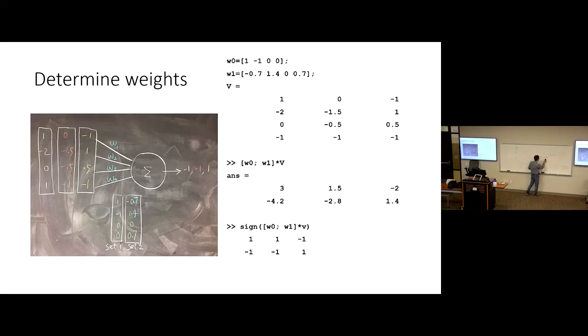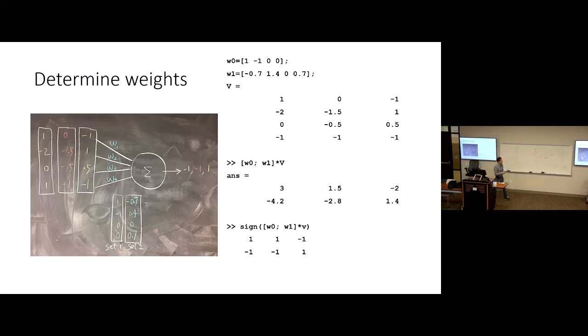So what should I do? I will change the weight vector. The weight vector gives the property of this particular perceptron.